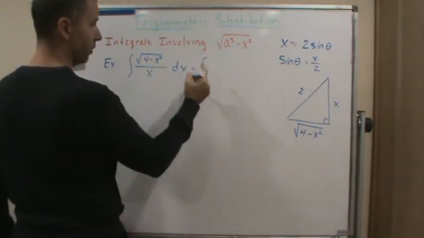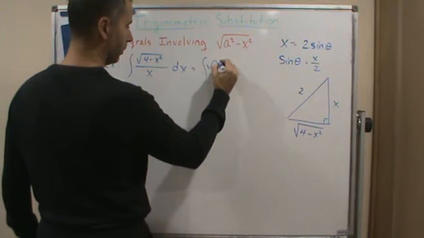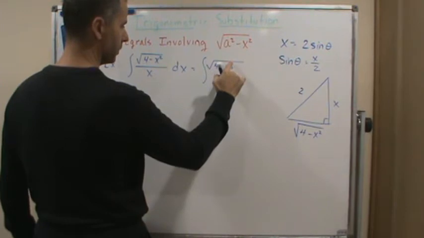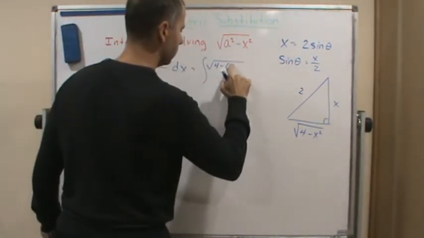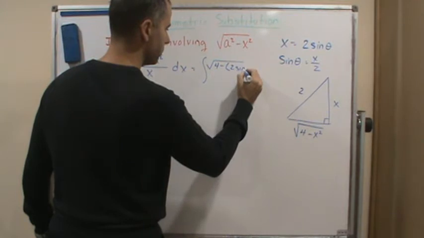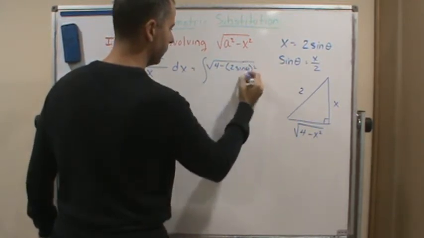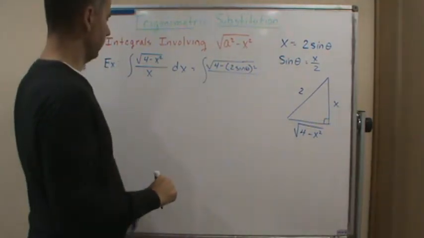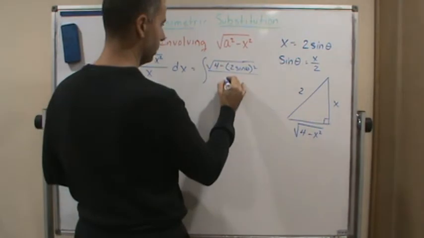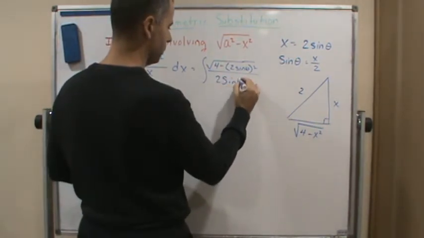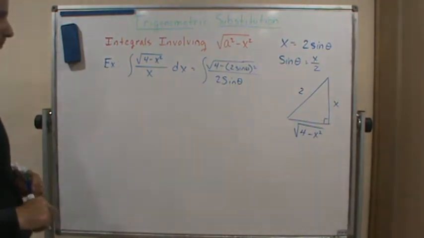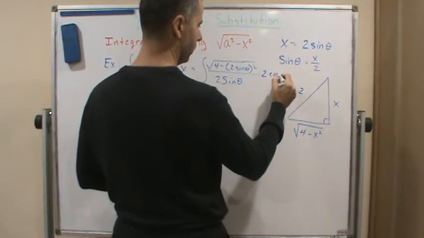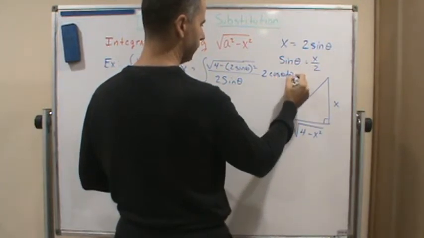This is going to be the square root of 4 minus 2 sine theta squared over, now, the x here, we're going to put 2 sine theta here for x, right? And then the dx is going to be 2 cosine theta d theta.